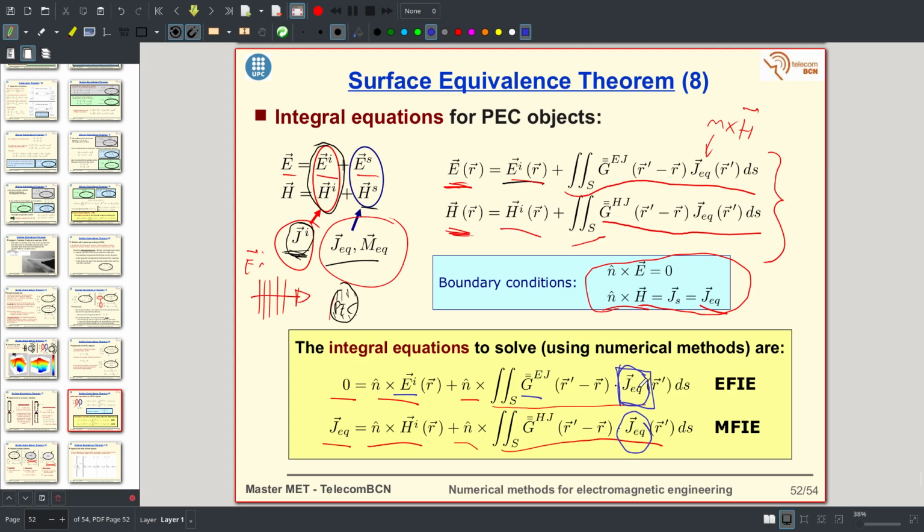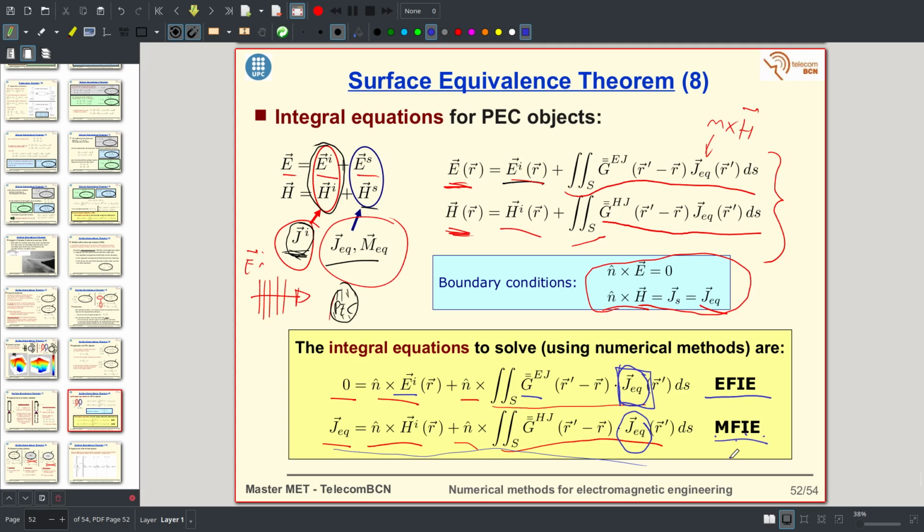And we have two equations. The first, for the electric field, is called electric field integral equation, that is EFIE. And we have also another equation for the magnetic field, which is called magnetic field integral equation, MFIE.